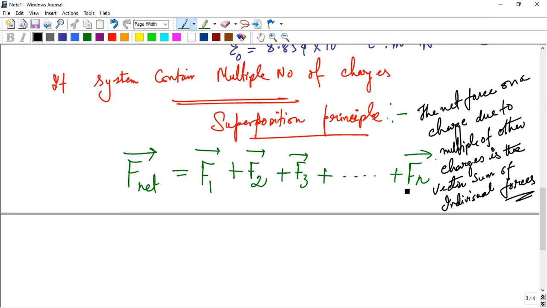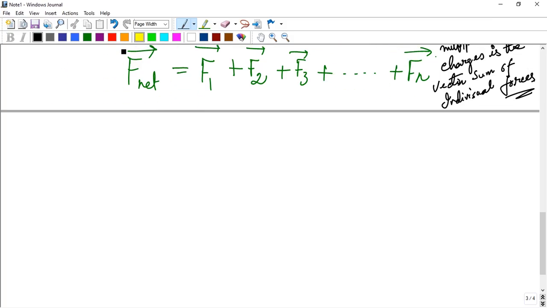Now another important concept we learn in this chapter is the electric field. What is the electric field?